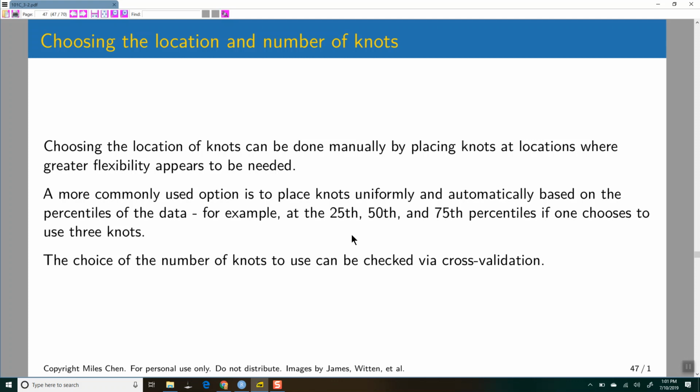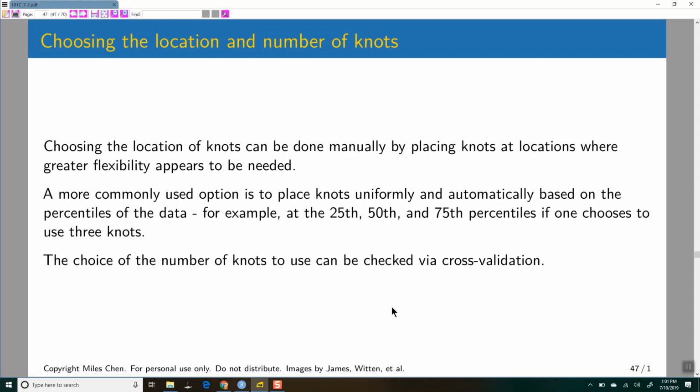So if you want 3 knots, you do it at the 25th, 50th, and 75th percentiles or something like that. But you can always do some cross-validation and say, okay, here I fit this with 3 knots, here I fit more knots. More knots is a more flexible model, right? So more knots, more flexibility.